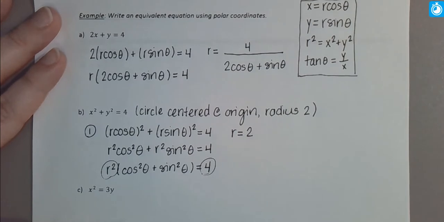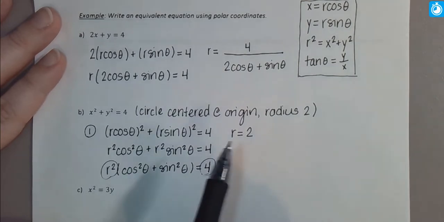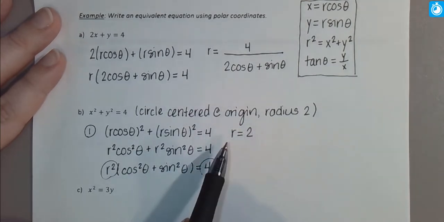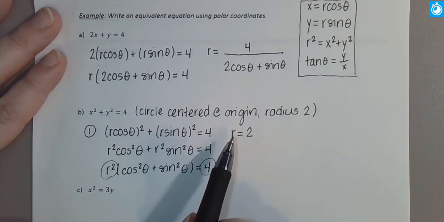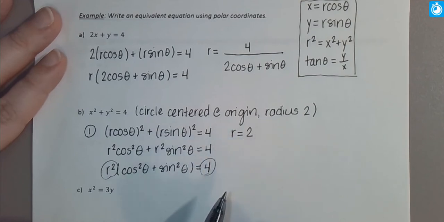Again, you may be thinking, we need a plus minus, right? When we take a square root in an equation, we put a plus minus. Normally, yes, we do. The reason we don't need plus or minus here is because of what this equation is telling us: graph all polar points with an r value of 2, regardless of what theta is.